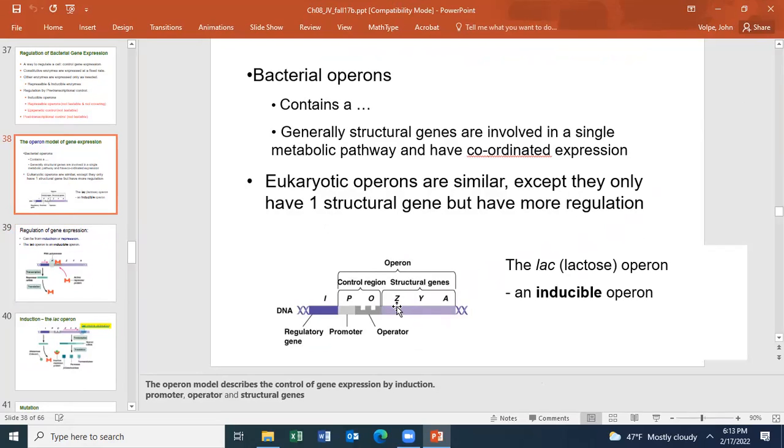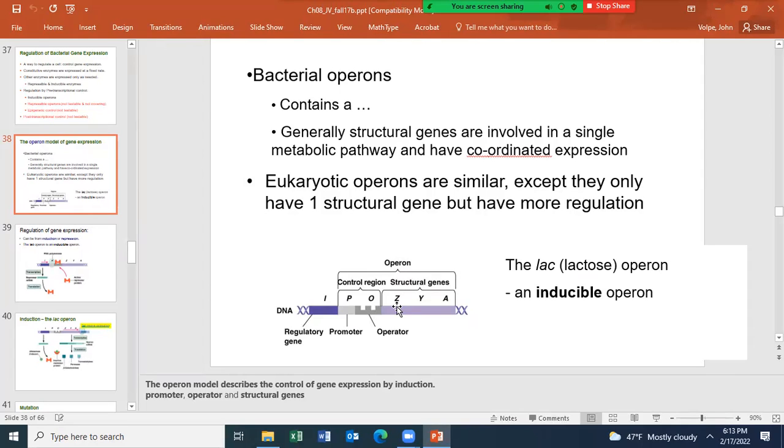So an operon does contain one or more structural genes. We'll discuss prokaryotes and eukaryotes in a little bit. The operon also contains controlling regions of DNA that control the expression of the structural gene or genes.